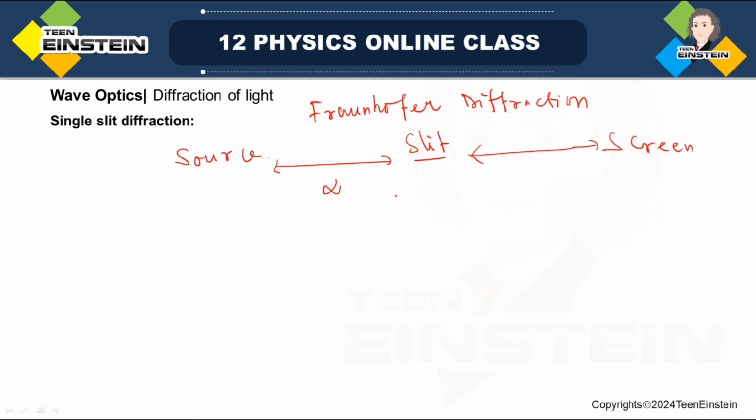We will be studying Fraunhofer diffraction with single slit diffraction. So what is the condition? In this case the source will be at a very large distance from the slit, ideally infinity, and also the screen will be at a very large distance from the slit, ideally infinity. This is the condition for the Fraunhofer diffraction pattern. Now we'll see this Fraunhofer type of diffraction in a single slit.